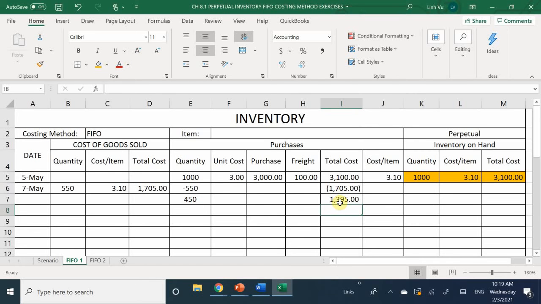And this is what you can do. Because we know this answer is true, we can come in here, and if you put the formula in correctly, you should be able to type in 450 items, and it should reflect the 1395. And that's how you update your inventory. I still have my orange batch. It's still going to be orange, and it's going to be for the 450, okay?